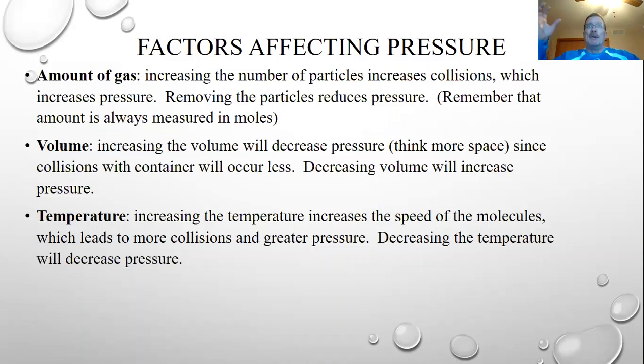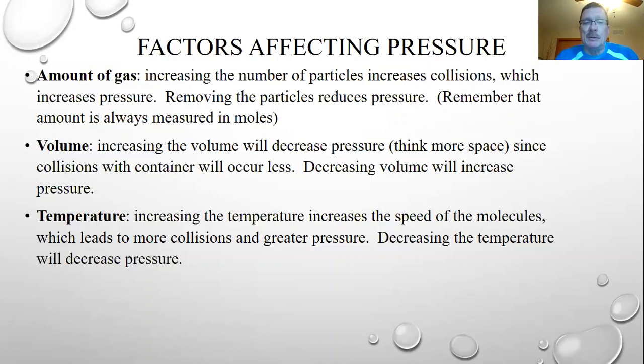Whereas in our picture of compressibility, if you decrease the volume and have a smaller container with the same amount of gas, then you're going to increase the pressure because now you have less container surface area, so the gas particles are going to be hitting it more often.